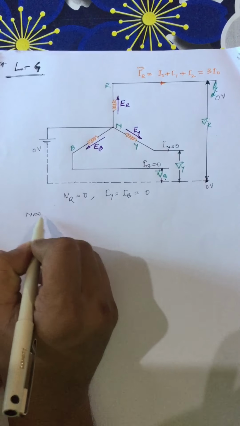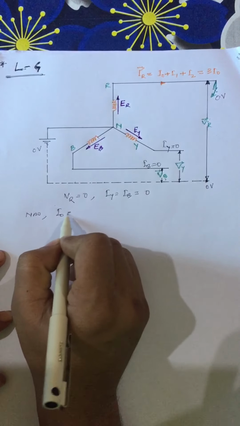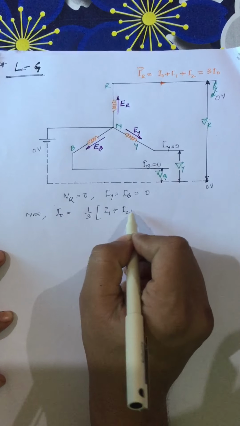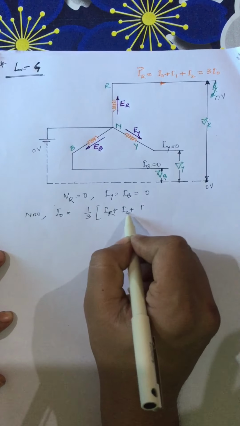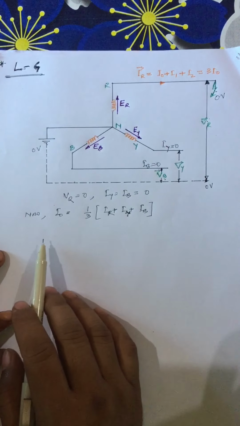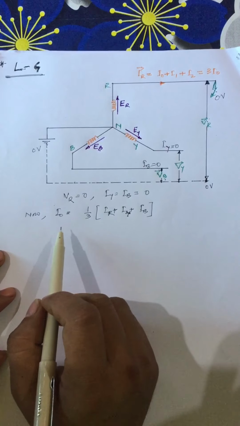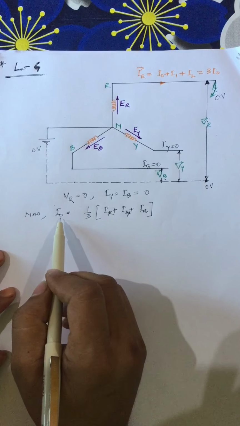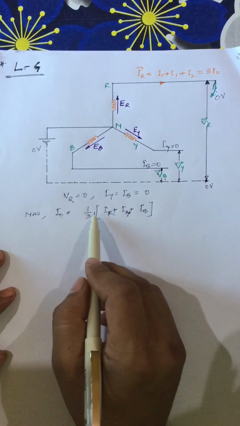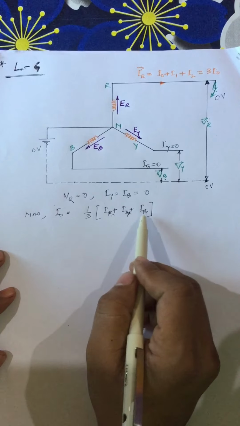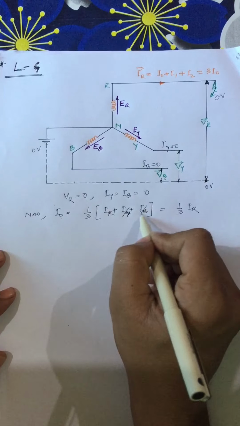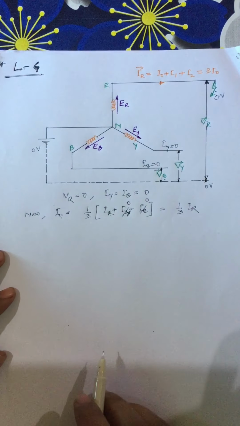Now let us find the sequence component I0. I0, as we discussed before, is equal to 1/3 (IR + IY + IB). This will be equal to 1/3 IR because IY and IB are 0 for a single phase to ground fault.